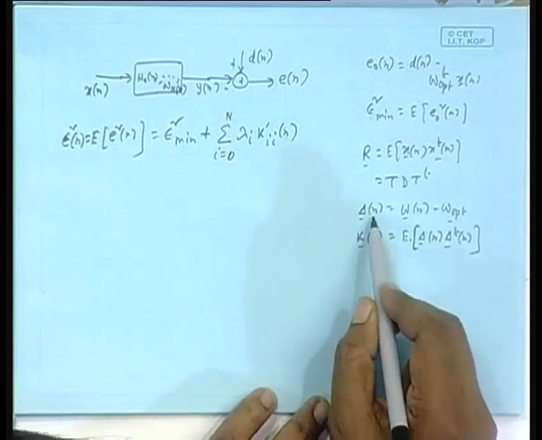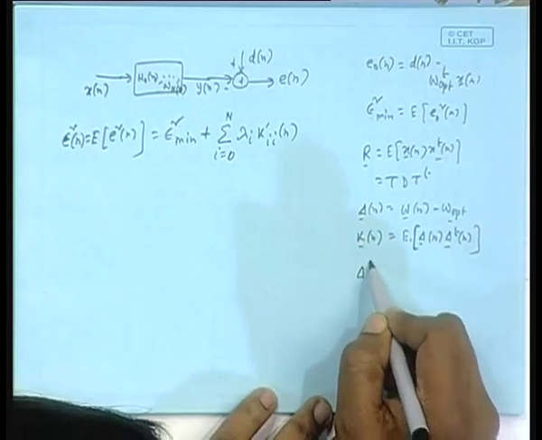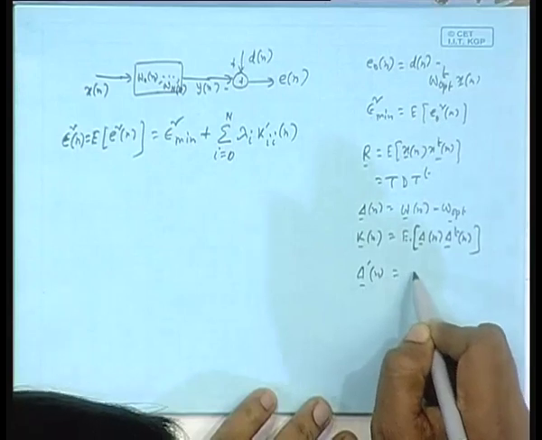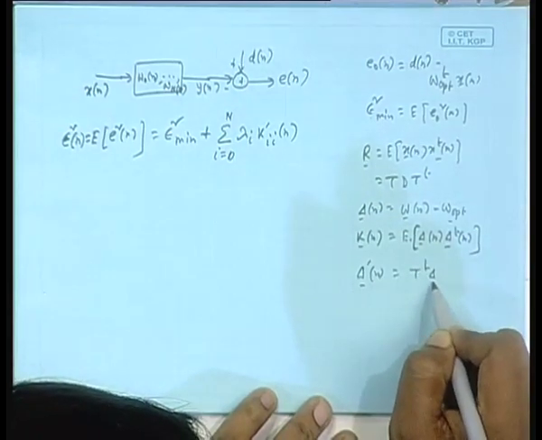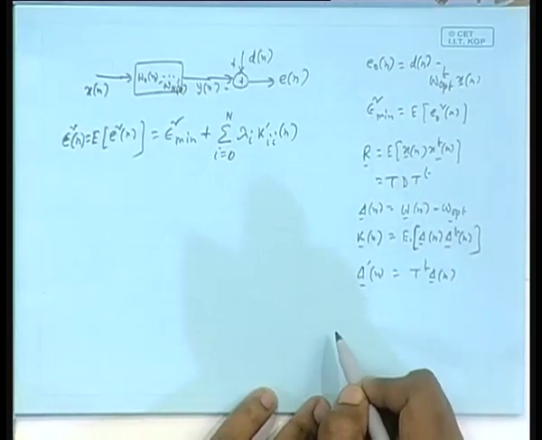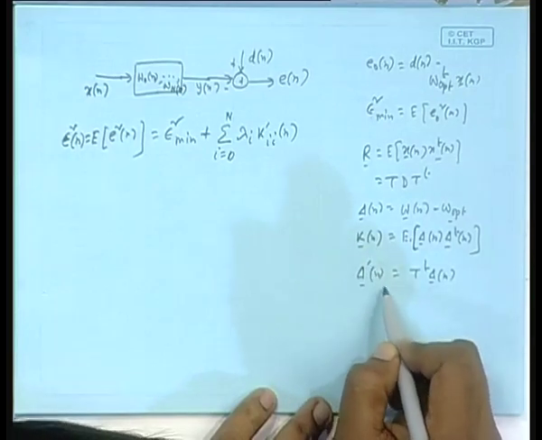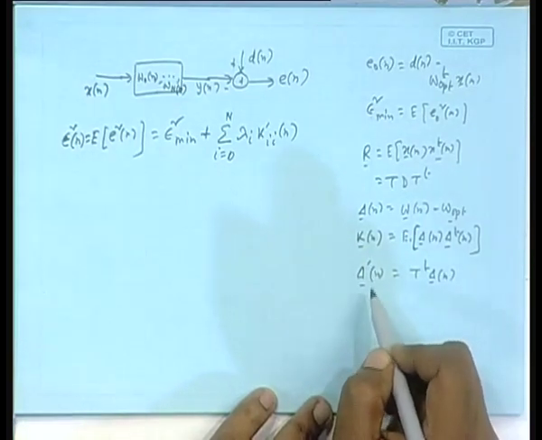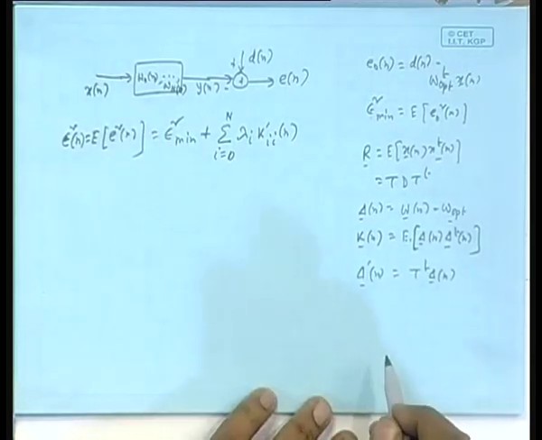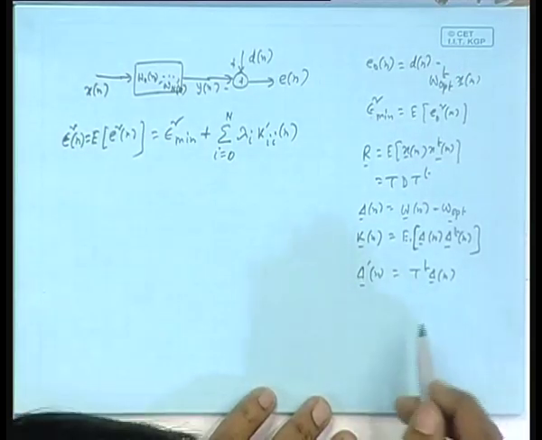Then from delta n we defined for analysis another transformed vector, delta prime n, which is T transpose delta n. You remember this delta prime n; what is its covariance matrix?